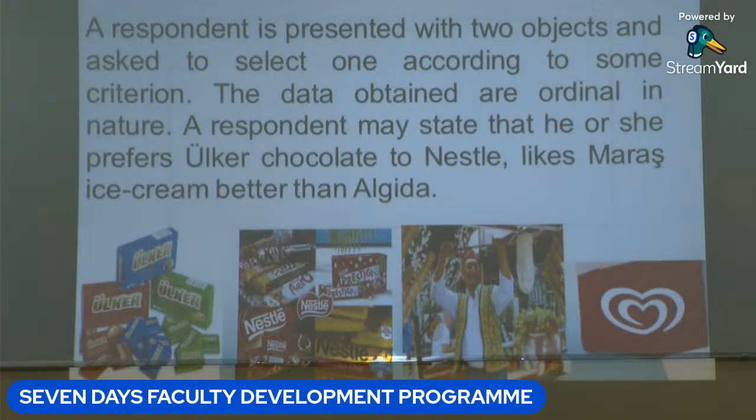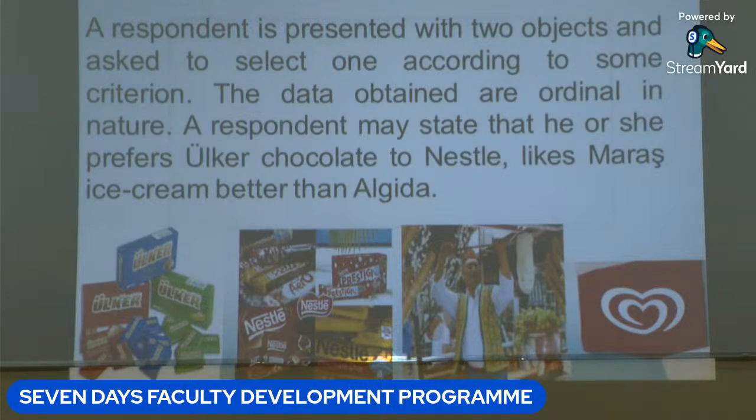The criterion is a rule that has to be developed by you. It might be preference, for example, in this case, whether you prefer this or the other. So the criterion is a rule that has been developed by the researcher. Based on that, the preferences or the opinions of the respondents are collected.